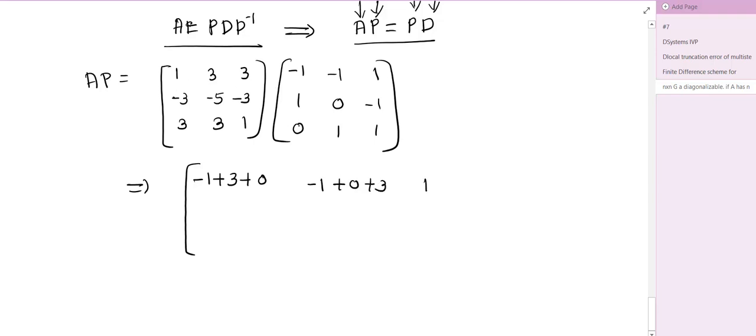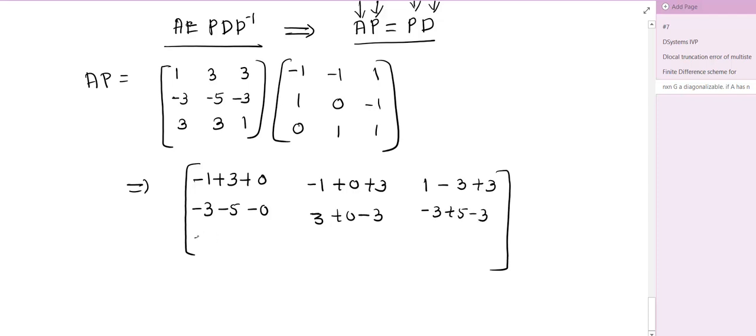Similarly, minus 3, minus 5, 0, then minus into minus is plus 3, this is 0, minus 3, minus 3, plus 5, minus 3. So minus 3, plus 3, plus 0, minus 3, plus 0, plus 1, 3, minus 3, plus 1.